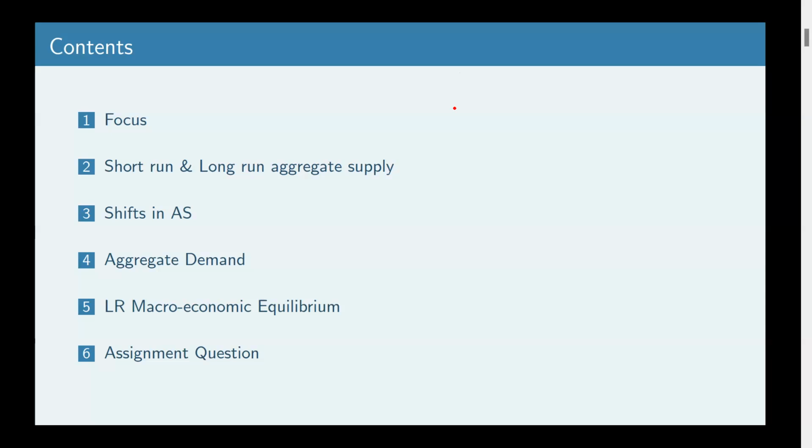So the main idea here is to say, let's look at the aggregate supply separately from the aggregate demand curves. Before then we will bring the two pieces together and see how we reach an equilibrium.